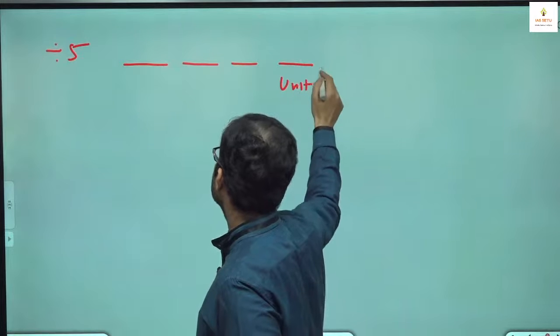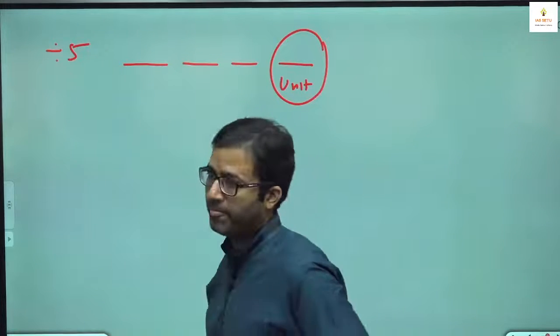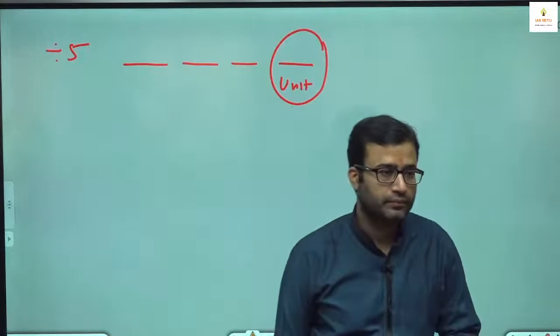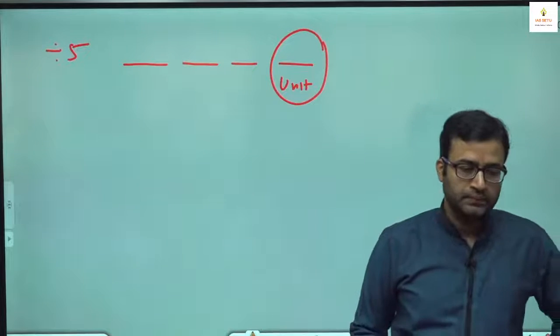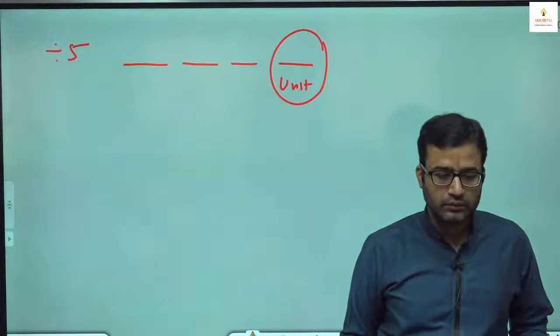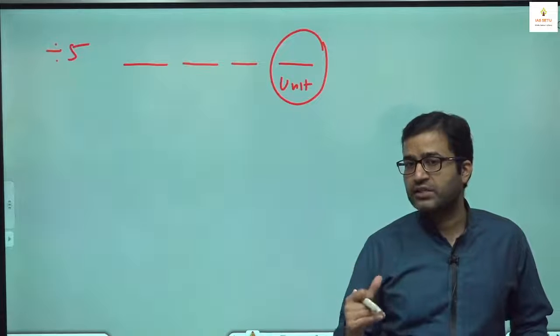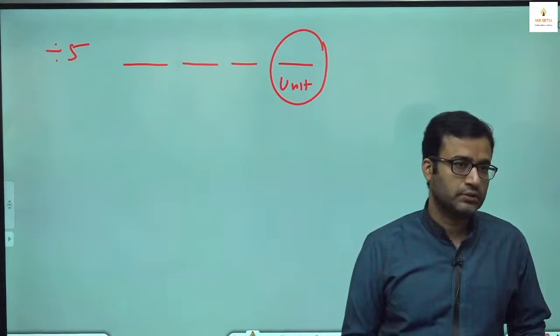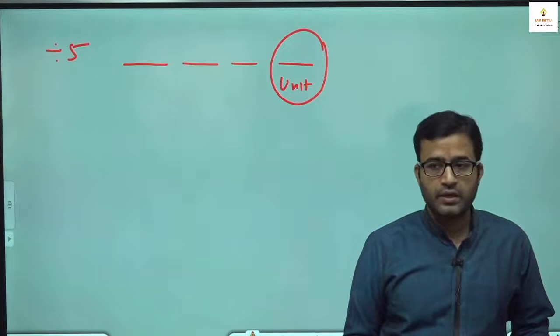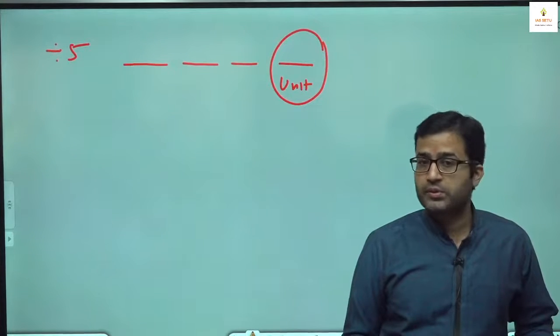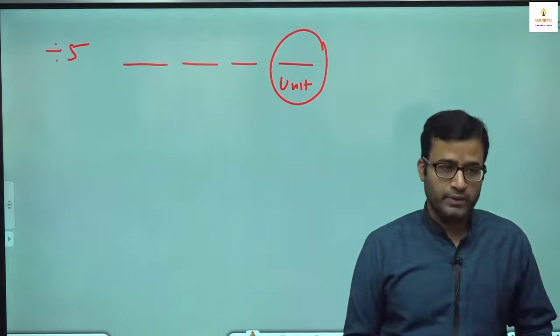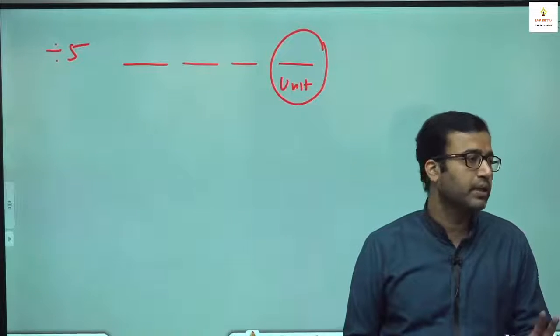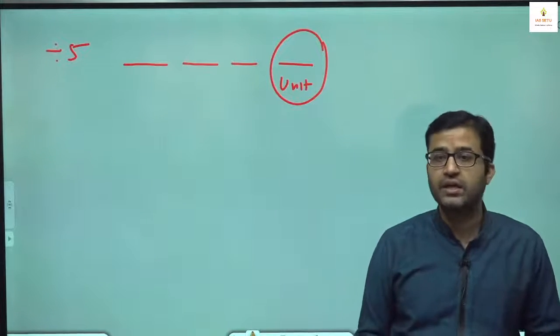Unit place digit. I will use the same thing when I will discuss permutation combination questions. ठीक है, तब आपके पास ऑप्शन नहीं होगा कि आपको ये कंसेप्ट ना पता हो. And which is very simple concept. इससे सिंपल कंसेप्ट है नहीं.